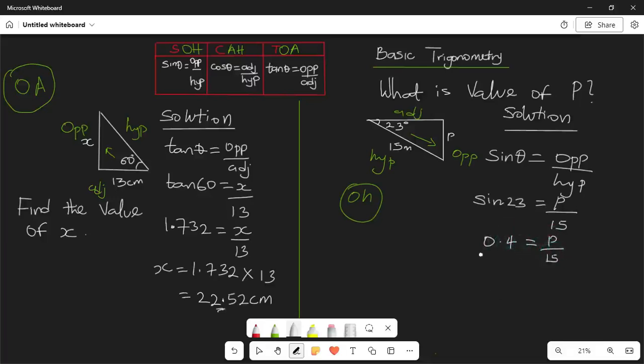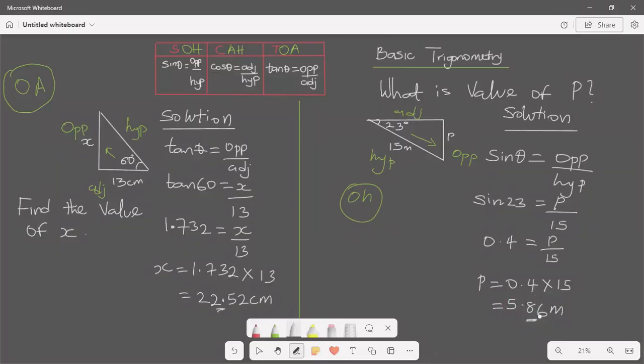If you cross multiply, p is going to give us 0.4 times 15, which will give us 5.86. Remember the unit, meters. So that is the value of our p.